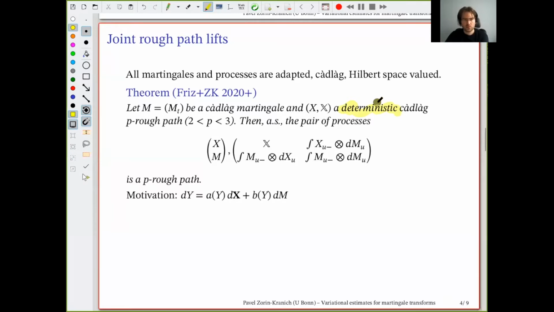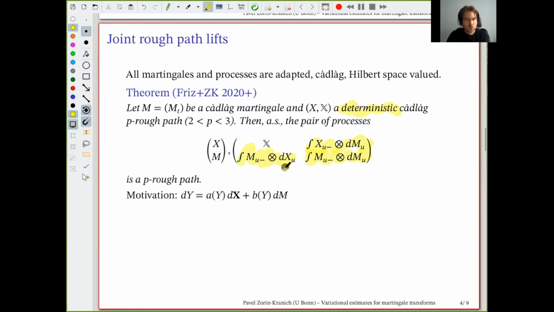The area term where you integrate X against itself should be the area term of the original path X, but then all the other terms are some integrals. These two are Itô integrals, and this is a kind of new integral where you integrate the martingale against a deterministic path. There are some difficulties with defining this because this is not a usual Young integral.